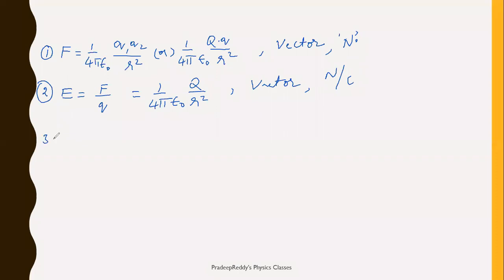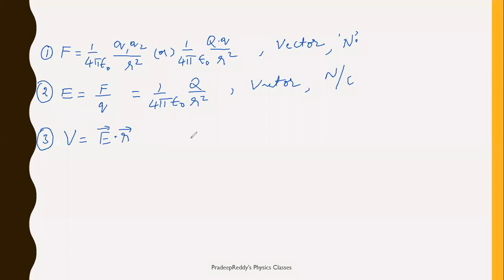Coming to number 3, we have electric potential. Electric potential is equal to E bar dot R bar, and as the dot product is a scalar quantity, electric potential is a scalar quantity. Remember that.